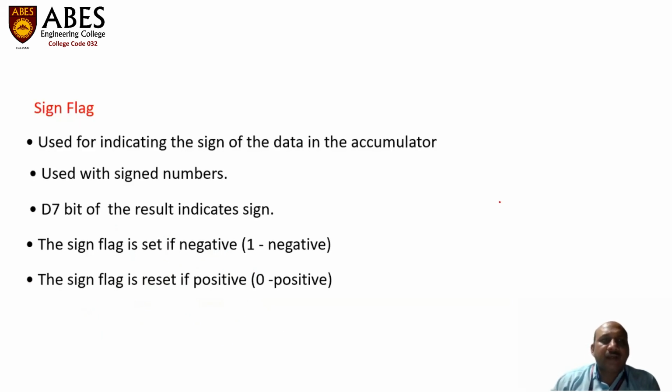Now, the sign flag is something by which we can know whether our result is negative or positive, because the microprocessor doesn't understand whether a number is negative or positive. It can make a conclusion from the result.